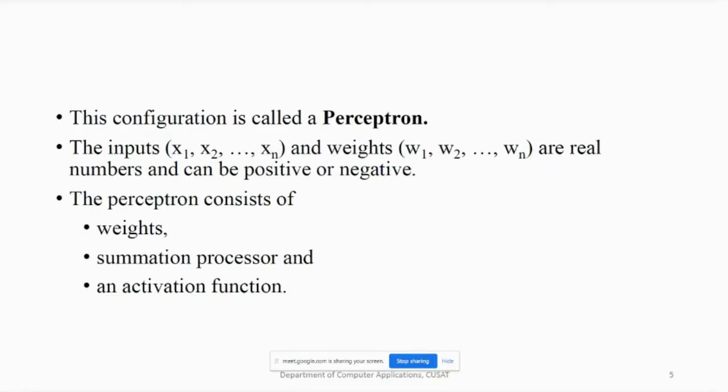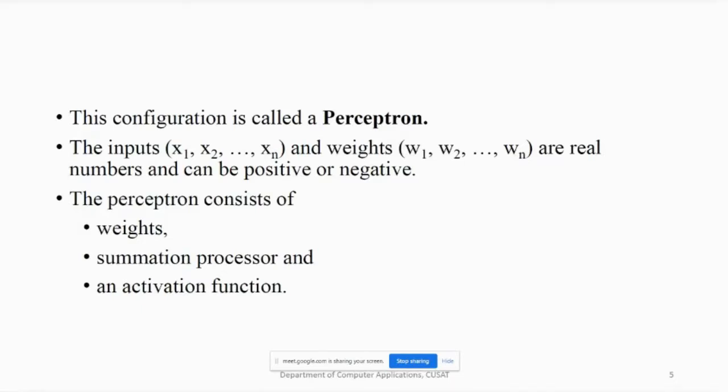And when we consider the summation processor, it actually computes the quantity w1x1 plus w2x2 plus etc. plus wnxn. This information is fed to the activation function. That means inside the activation function, w1x1 plus w2x2 plus etc. plus wnxn becomes the input.